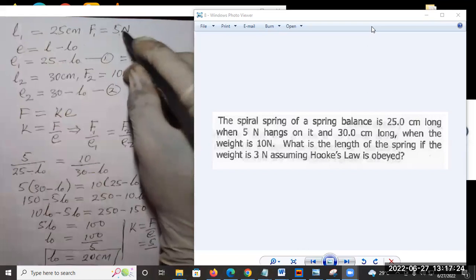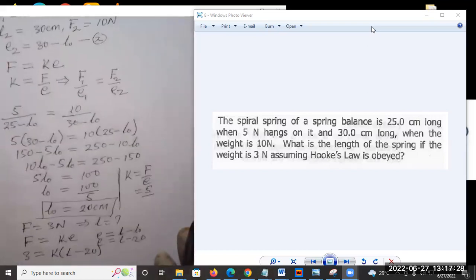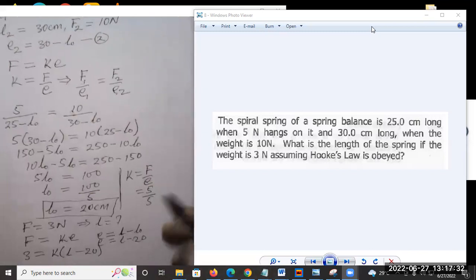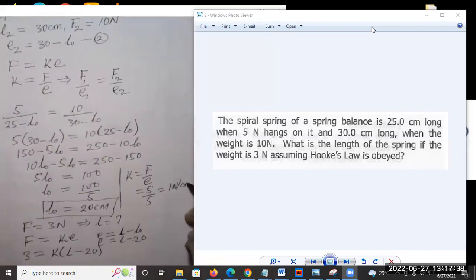So the force is 5 and the extension is 5. Moving back to this equation, 5 over 5 gives us K to be 1 Newton per centimeter.